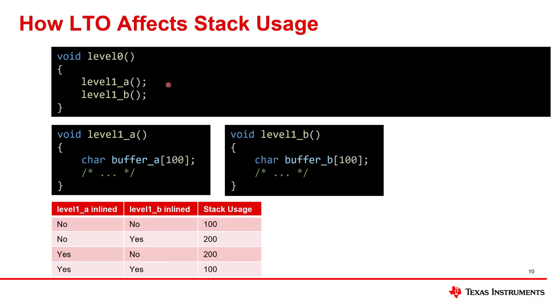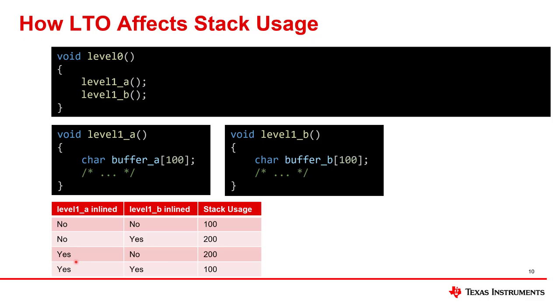Its 100 bytes worth of stack happens inside of level 0 now. So in effect, both of them are active at the same time, and so you've got to reserve space for both of them. Thus, they use 200 bytes. If the inlining is the opposite, A is inline, B is not inlined, same thing. It's just which function is getting inlined.